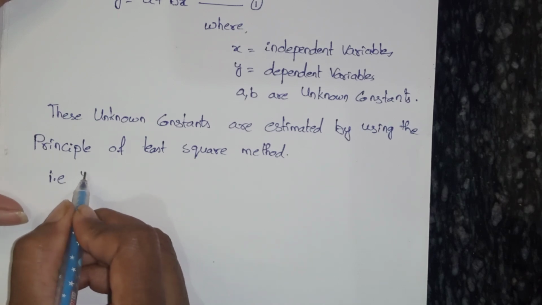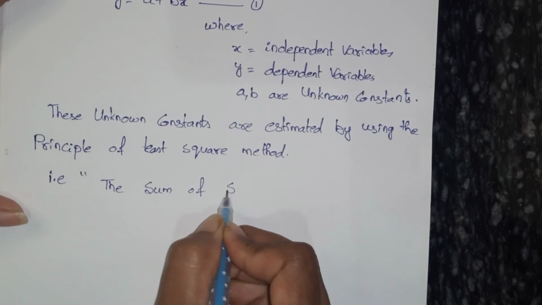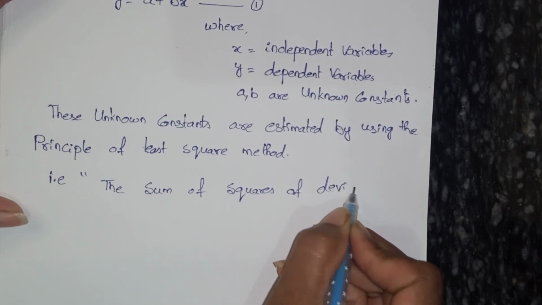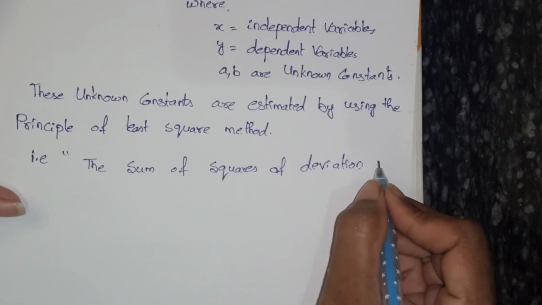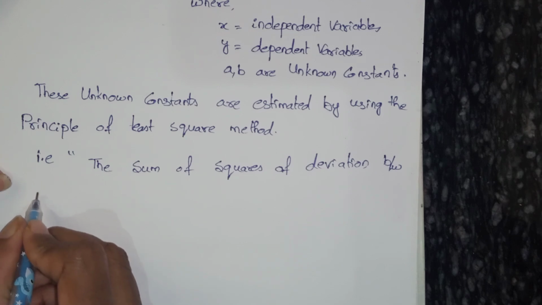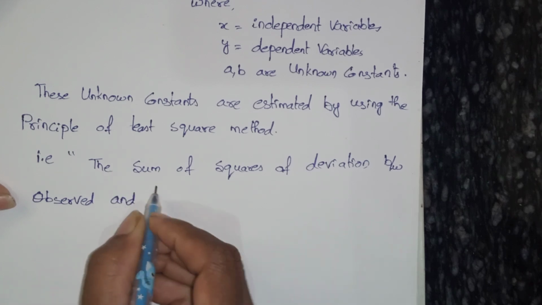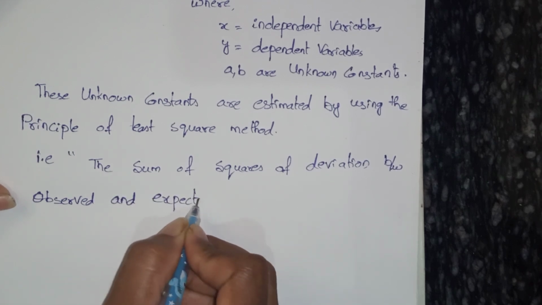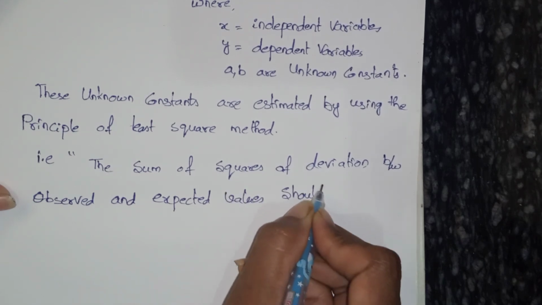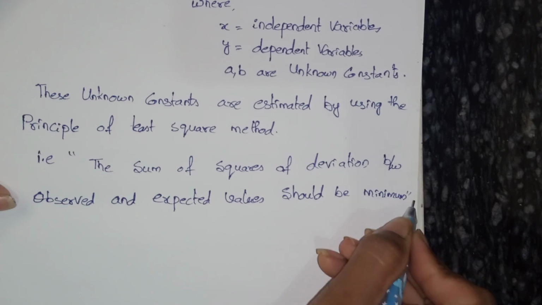It is nothing but that the sum of squares of deviations between observed and expected values should be minimum. So this is the rule of the principle of least squares method.